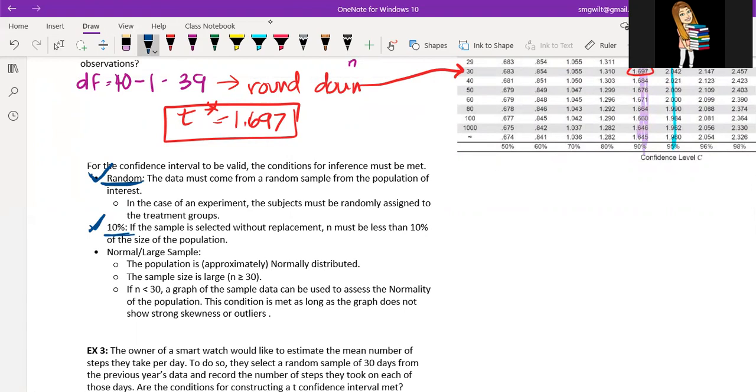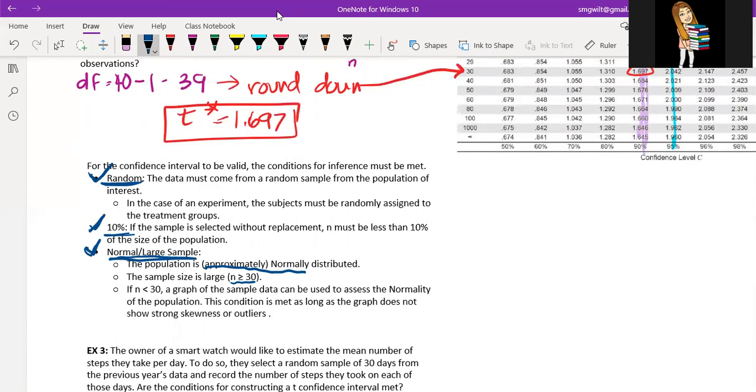The last one, which is a little bit different from before, is that it needs to be normal, approximately normal, or a large sample. Approximately normal or normally distributed should be described in the problem, or the sample size needs to be greater than or equal to 30. Or we can look at the shape of the graph.